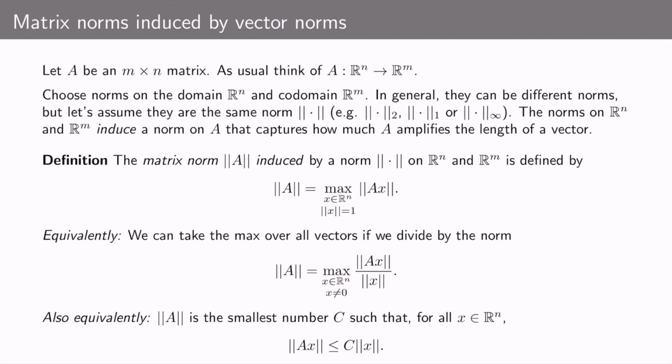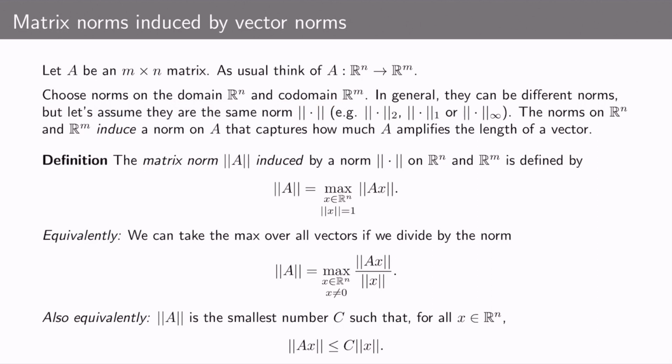We've talked about vector norms. Now let's talk about matrix norms, in particular, matrix norms induced by vector norms. So as usual, let A be an m by n matrix, and I think of A as a mapping from Rn to Rm. To define the matrix norm induced by vector norms, I have to choose norms on the domain Rn and the codomain Rm. In general, these could be different norms, but let's assume that we have the same norm.